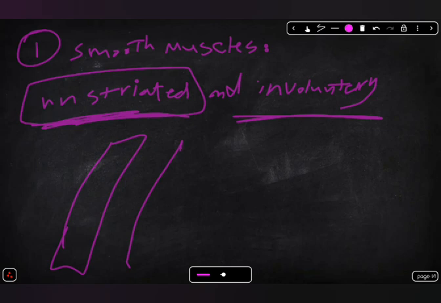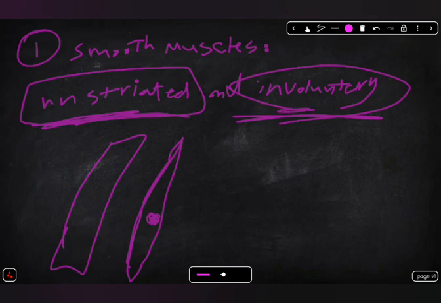This is the shape of the smooth muscles with nucleus here. There is no lines in it. Involuntary, I can't control the movement or I can't control the contraction and relaxation in it. Okay?